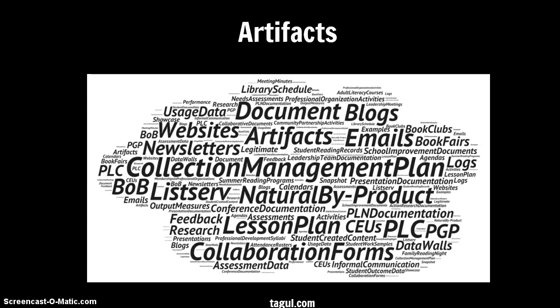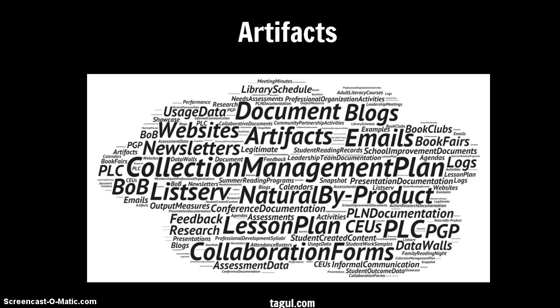Artifacts are really necessary because many of the roles and responsibilities that school library media coordinators perform are not observed by evaluators. Because as already mentioned, the evaluator usually only observes the school library media coordinator 3 times and a peer evaluator only once for a comprehensive evaluation cycle.